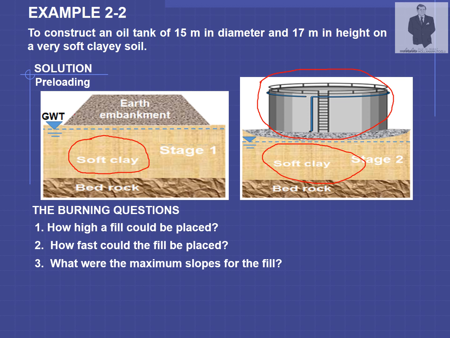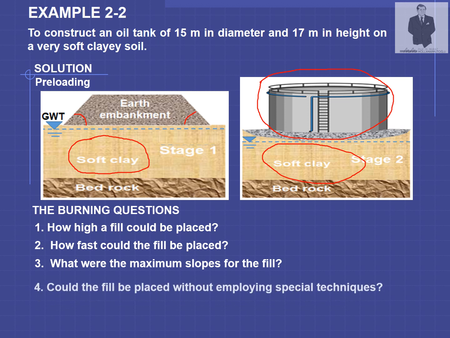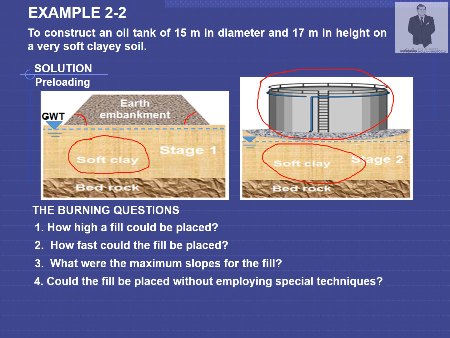Now, the angles of the slope, as shown here, are very important to sustain the stability of the earth embankment built on the ground surface. The fourth question, could the fill be placed without employing special techniques? Again, this is something to do with the bearing capacity of the underlying soft clay layer.